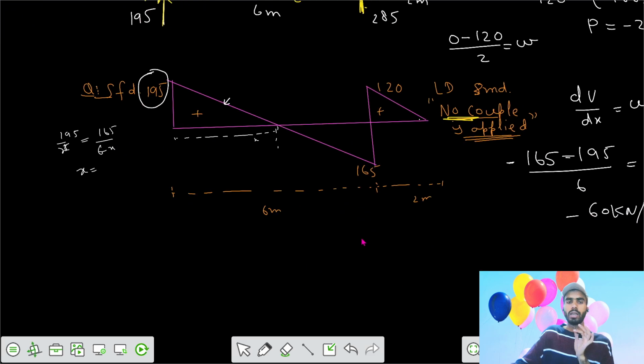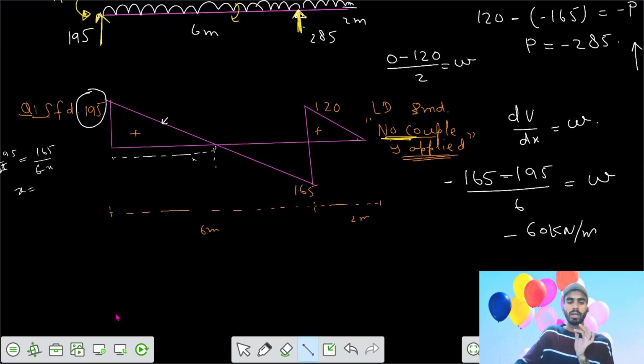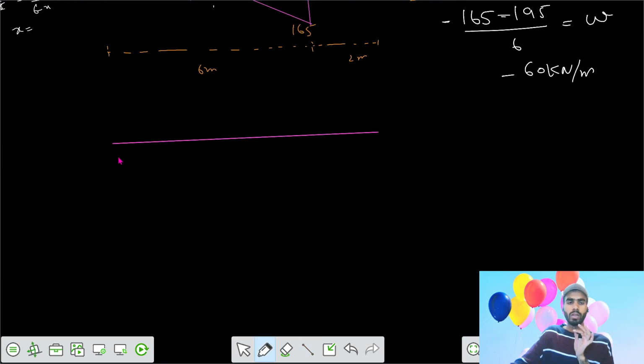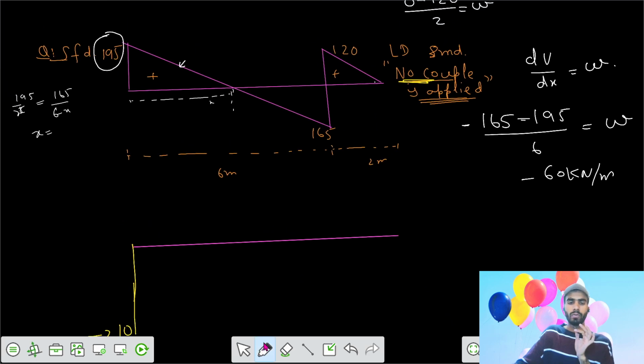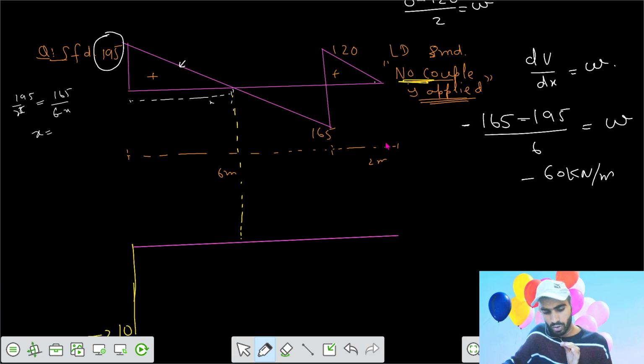So to make the bending moment diagram, this was your minus 210 acting downwards. Then after that we have the positive shear force diagram up to this point x. We have to get the value of x. Your x value becomes equal to 3.25.